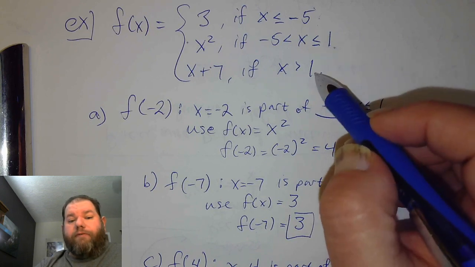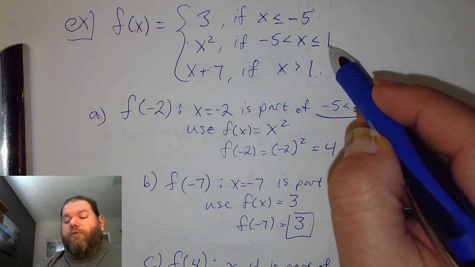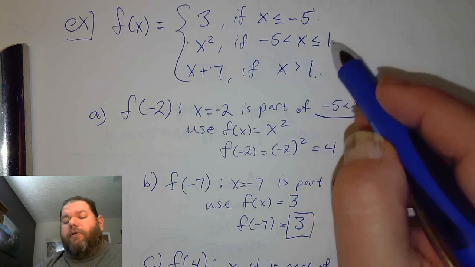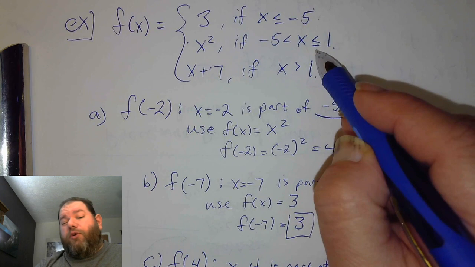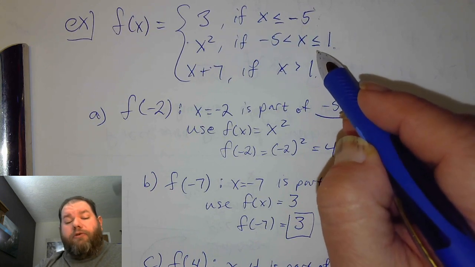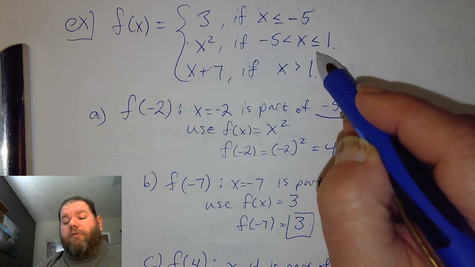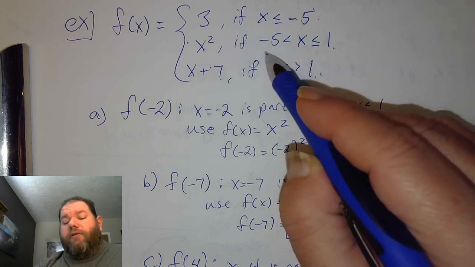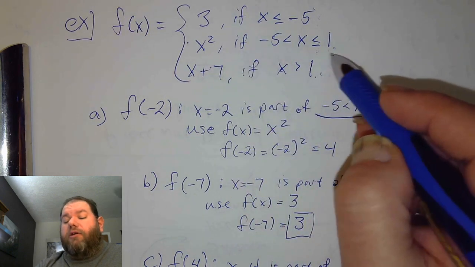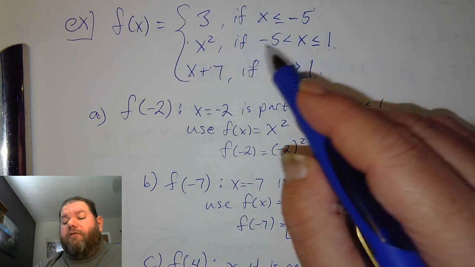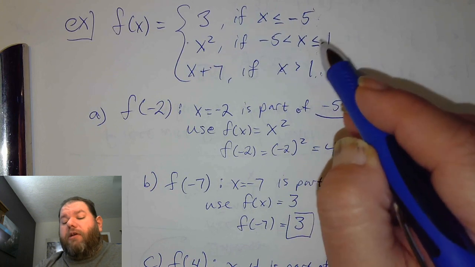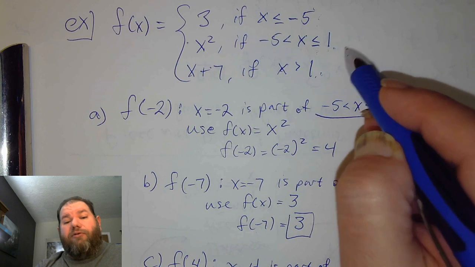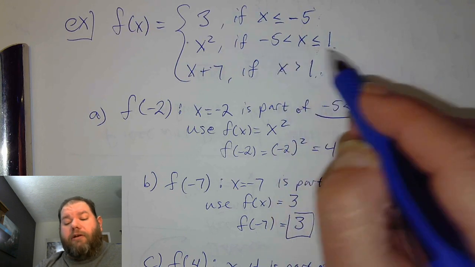x equals 1 is kind of a transition point for this domain, because that's where we switch from using one to the other. So this is x less than 1, this is x greater than 1, but only one of them is going to have the equal to part, and that equal to part is what we're looking for. Where is x equal to 1? When we look at the domain for this definition, it says x must be between negative 5 and 1, but the less than or equal to right here means we also include the 1 itself as part of this domain.